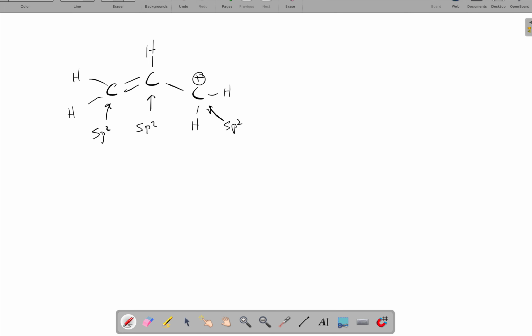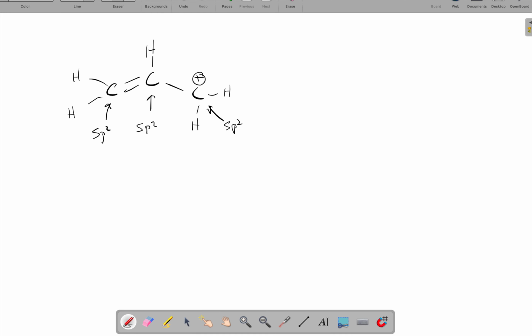A p orbital. Okay, for the first two carbons, you're using that p orbital to make that pi bond. For that last carbon, that p orbital is actually going to be empty. How do you know it's going to be empty? It says positive charge. That's why there's not electrons there. Okay? So that more or less gets us our molecular orbital diagram kind of half-done.